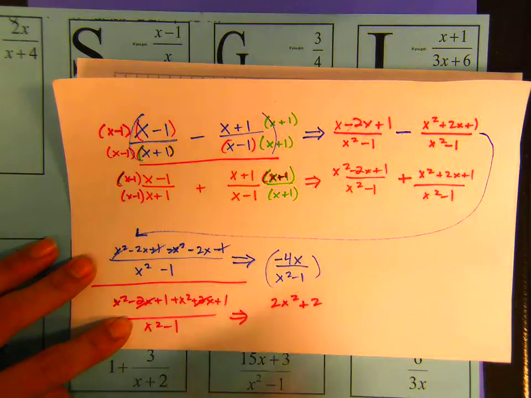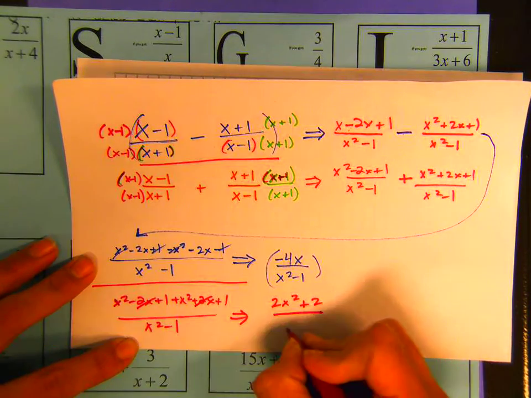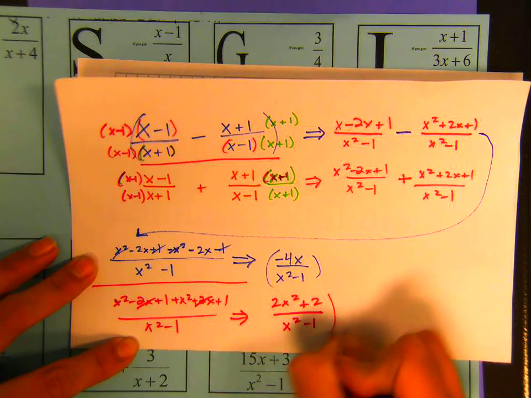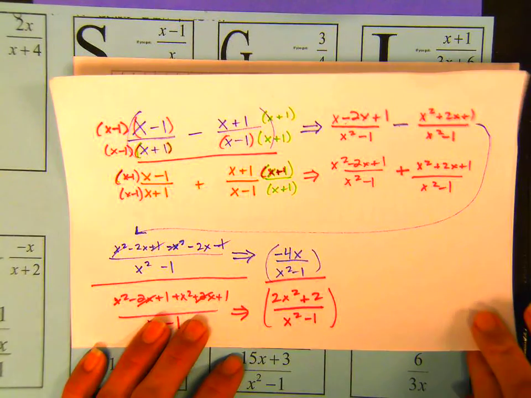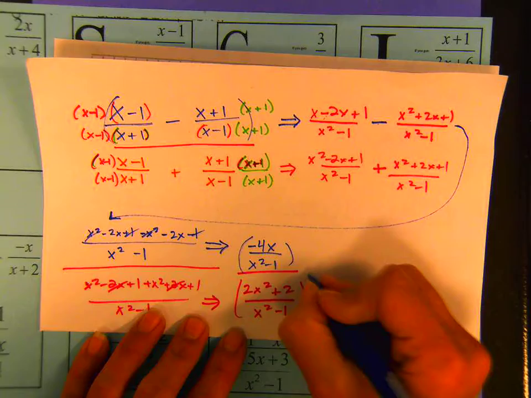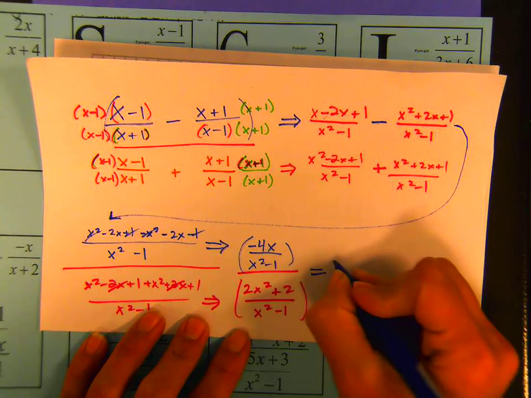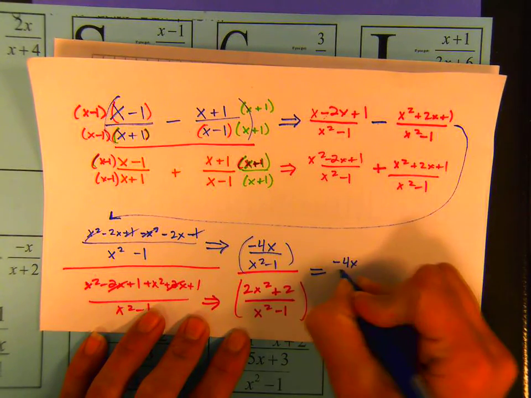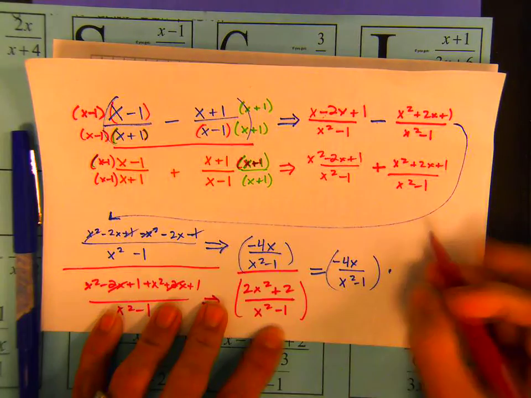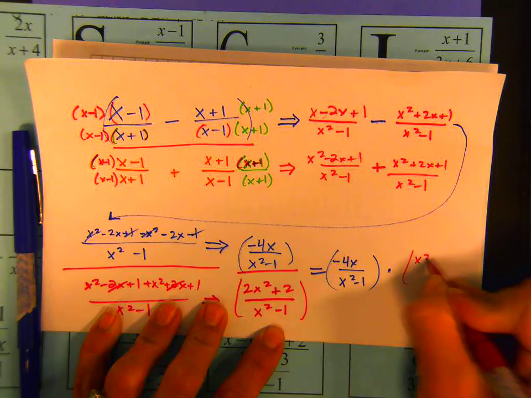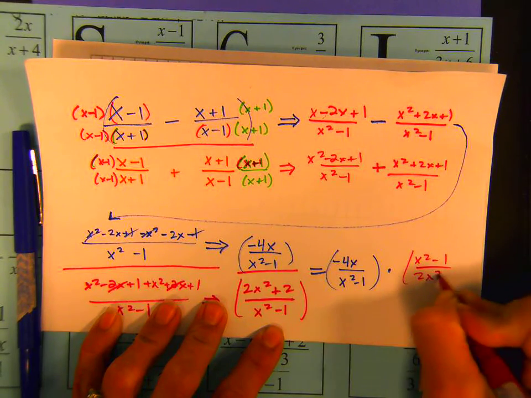The minus 2x and the plus 2x are the only things that cancel, and my denominator is x squared minus 1. Now these two fractions are being divided. We never divide fractions. We multiply by the reciprocal. So I'm going to have a negative 4x over x squared minus 1 being multiplied by the reciprocal, x squared minus 1 over 2x squared plus 2.